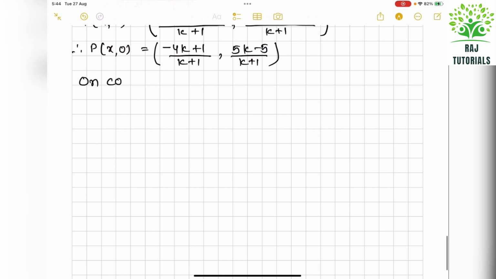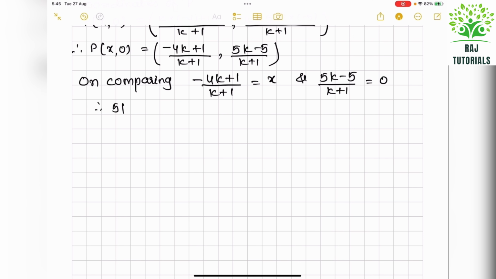On comparing, (minus 4k plus 1) upon (k plus 1) equal to x and (5k minus 5) upon (k plus 1) equal to 0. So therefore 5k minus 5 will be equal to 0 into (k plus 1). So 5k minus 5 equal to 0. So 5k equal to 5.